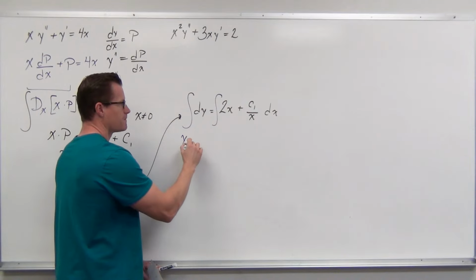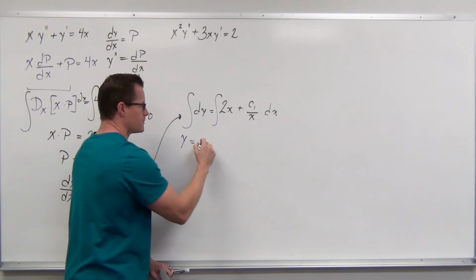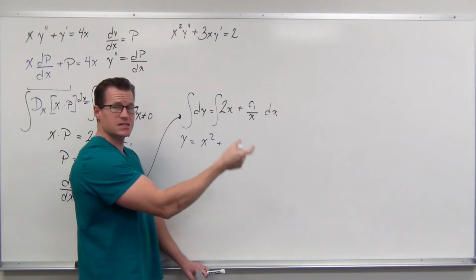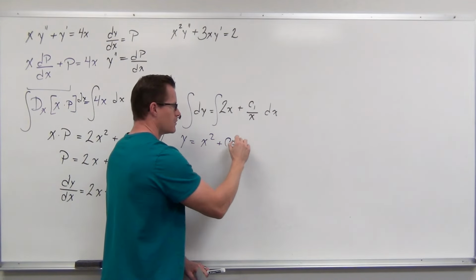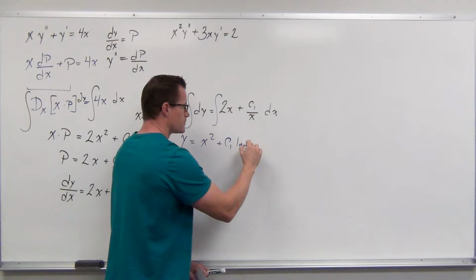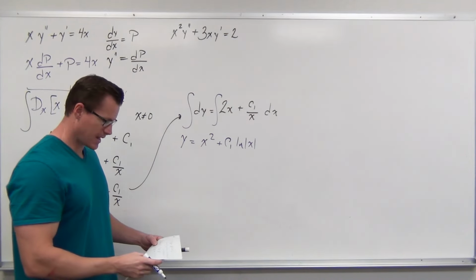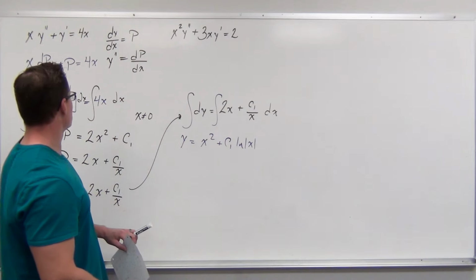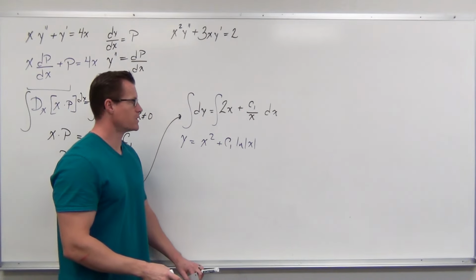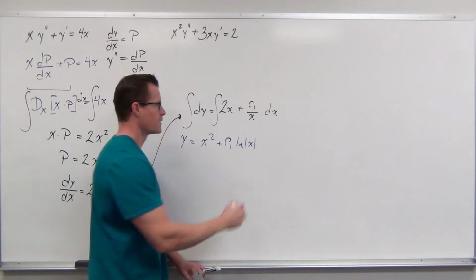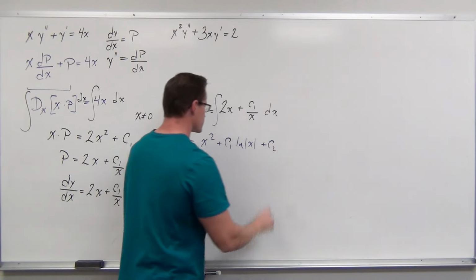This would be y equals, hey, that's x squared, plus c sub 1 is a constant, but we do get ln x. If we don't make the restriction that x has to be greater than 0, well, then we've got to show that this is absolute value. If you do make that restriction, you can omit the absolute value, plus c sub 2.